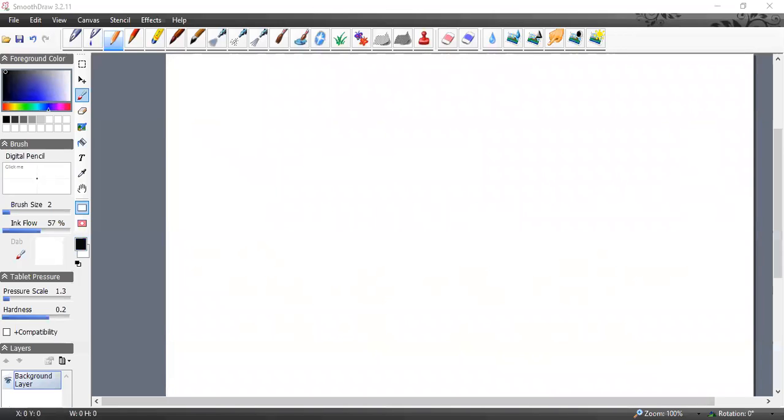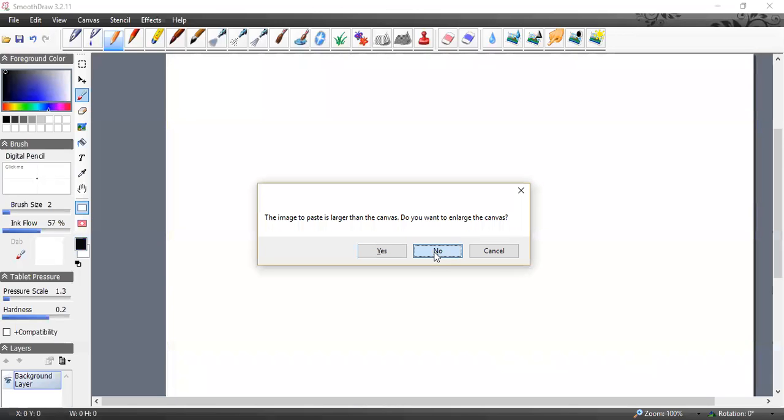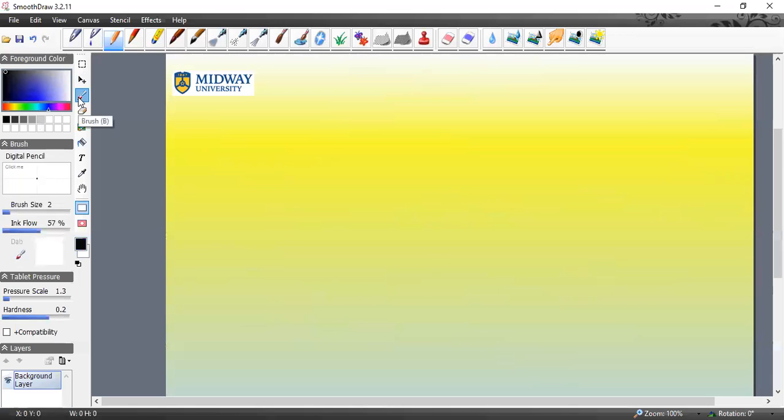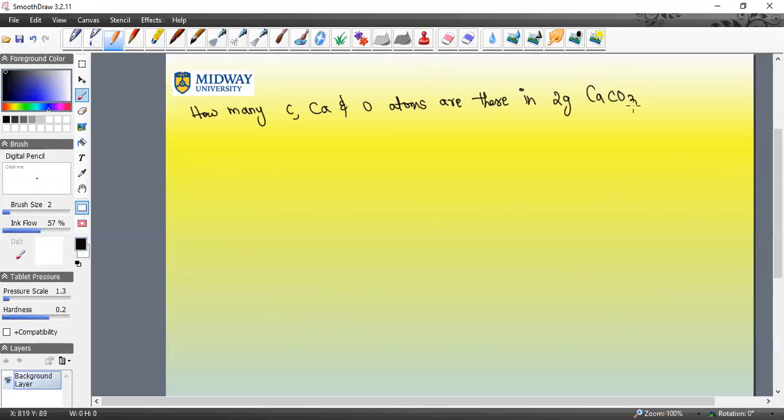So let's go back and rewrite the question. How many carbon, calcium, and oxygen atoms are there in 2 grams of calcium carbonate? Well, you have to do one at a time.